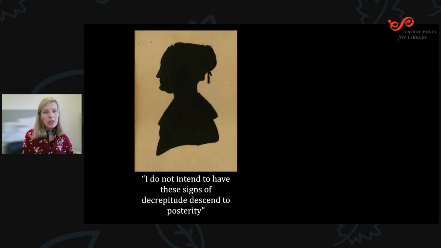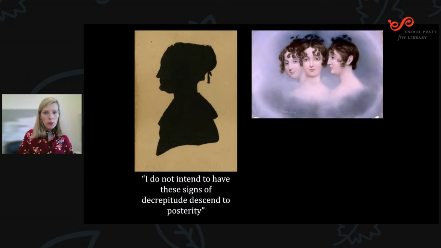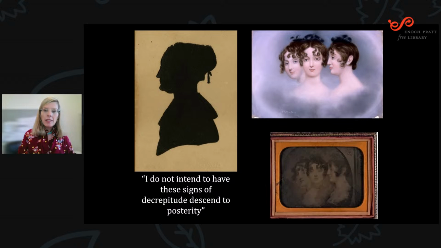This is the only image to date I have ever found of Elizabeth allowing herself to be represented in her later years, because it is the Elizabeth we see here and the Elizabeth we later see in this daguerreotype, this triple portrait that we most associate with her.